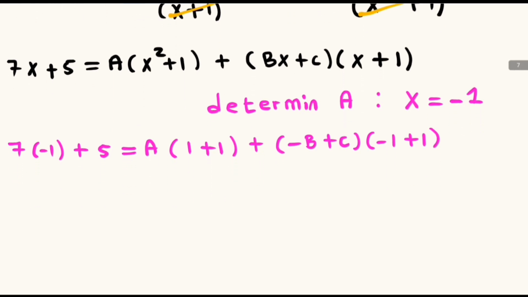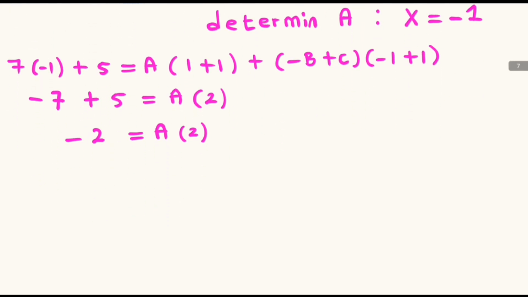So 7 multiplied by -1 will be equals to -7 plus 5, a into 1 plus 1, which is equals to 2, and the -b plus c will be nullified by the -1 plus 1, which is equals to 0, and -7 plus 5 will be equal to -2, which is equals to a multiplied by 2.